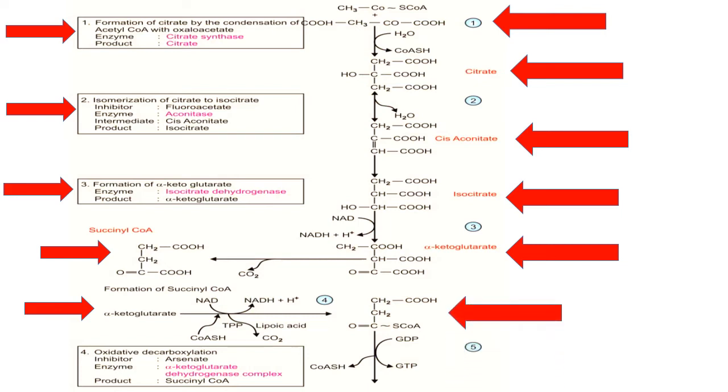So at this step there is also a decarboxylation, and finally there is production of succinyl-CoA. So this is the completion of the fourth step with the formation of succinyl-CoA. Succinyl-CoA is then converted into succinate.